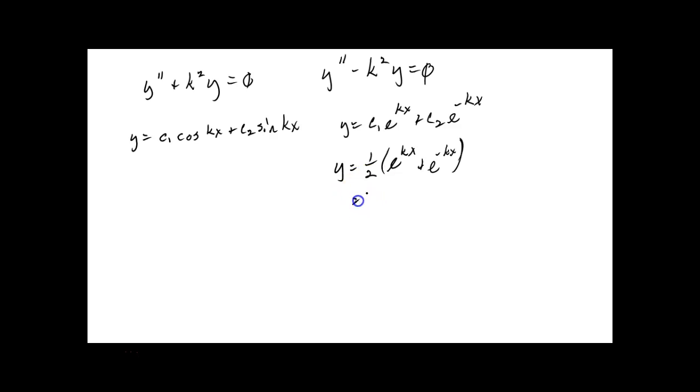So this one would be hyperbolic cosine of kx, with C1 equals C2 equal 1/2, and if C1 was 1/2 and C2 was negative 1/2, then you have hyperbolic sine.